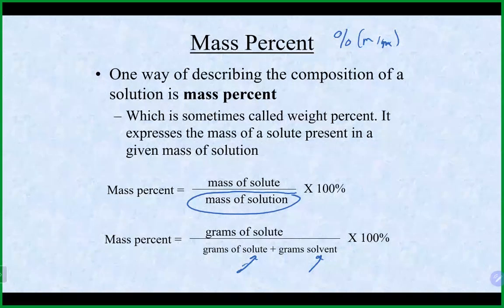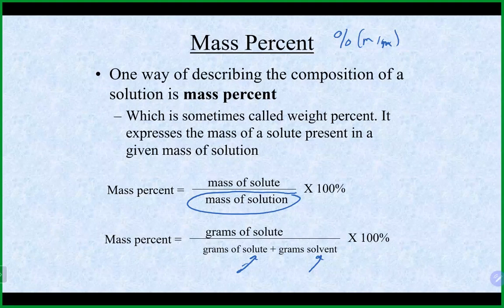So they'll give you the mass of the solute, they'll give you the mass of the solvent. And it's a very common mistake that people make, which is they just divide by the mass of the solvent because they go, oh, that's a larger number, I'm just going to divide by that. So you got to make sure a lot of times in this situation that you actually do add them together. This is basically grams divided by grams in most cases, times it by 100 to get it into a percentage.